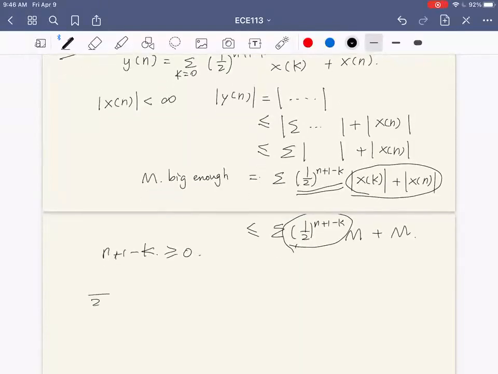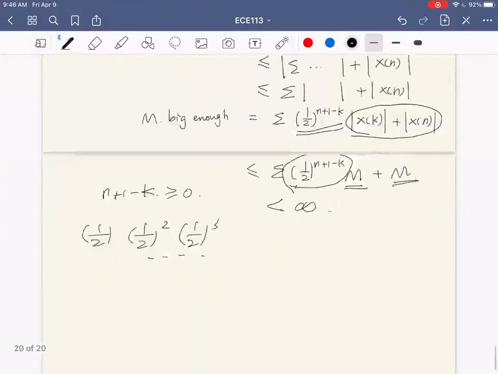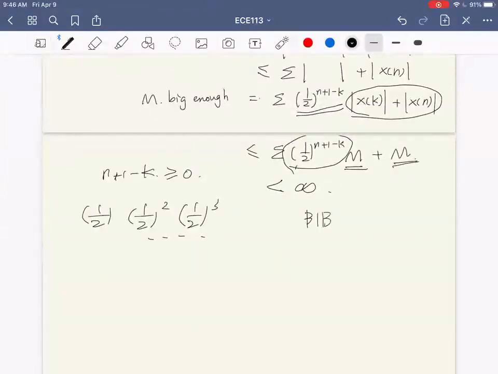Because we're accumulating like this. So it is decaying, and it times a finite number and plus a finite number. So we can say that y of n is finite as well. Does it make sense? So the conclusion is, it is BIBO stable. Yay. So that is the end of question 1.